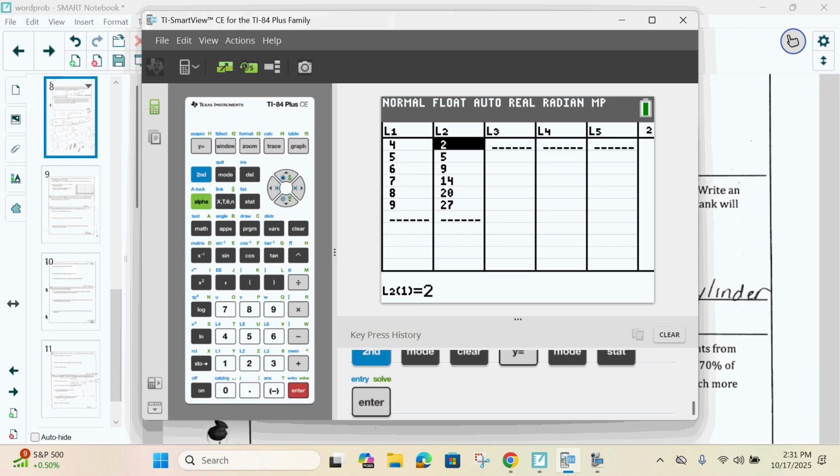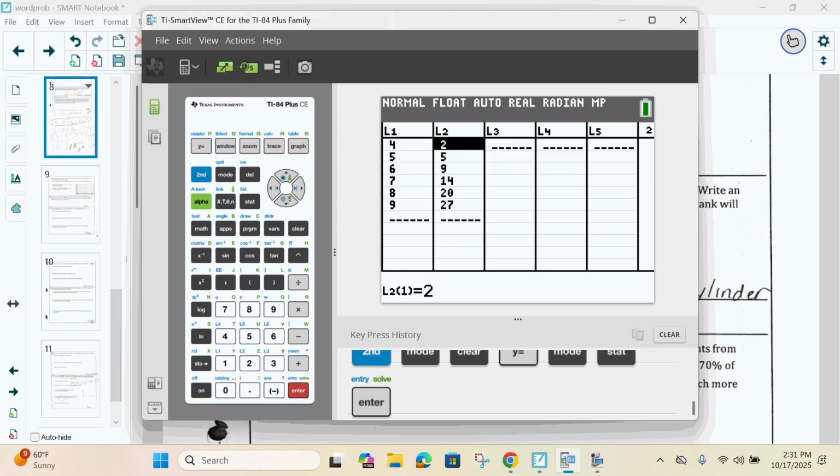Okay, first thing I want us to do is get a scatter plot. To get a scatter plot, first we need to look at the window. Our window needs to have all of those numbers in it. 0 to 10, 0 to 30 maybe would be good.